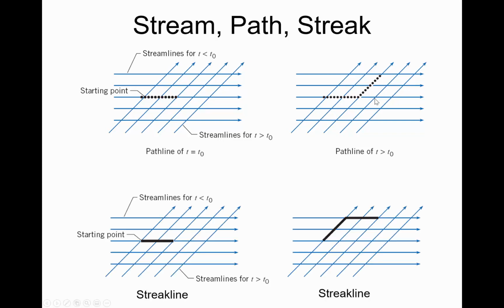Now, the streak line is a little bit different, because in the case of the streak line, here at the starting point, think that's where we're starting to inject a dye. Or think about if you had a can of paint in your hands and you were pouring the paint into the water, then the paint would get pushed to the right by the flow.